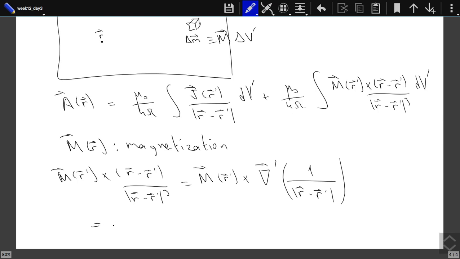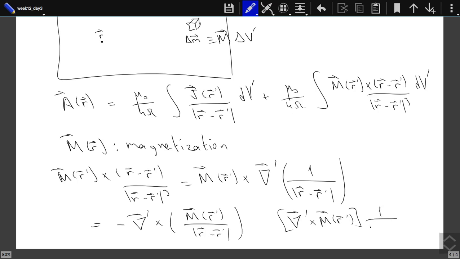Well, this will be equal to minus the curl with respect to the primed coordinates of m of r prime divided by r minus r prime. And then the curl of m of r prime times 1 over r minus r prime.